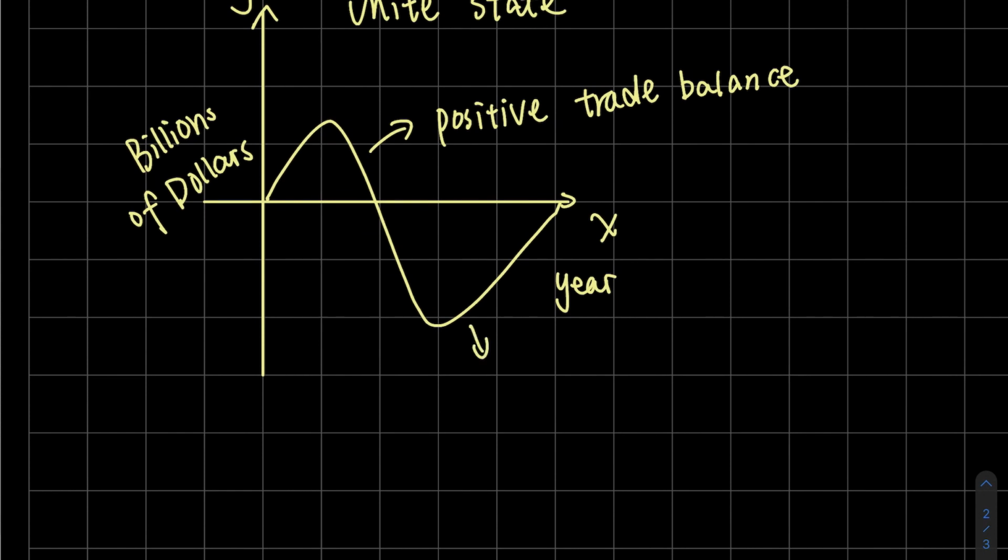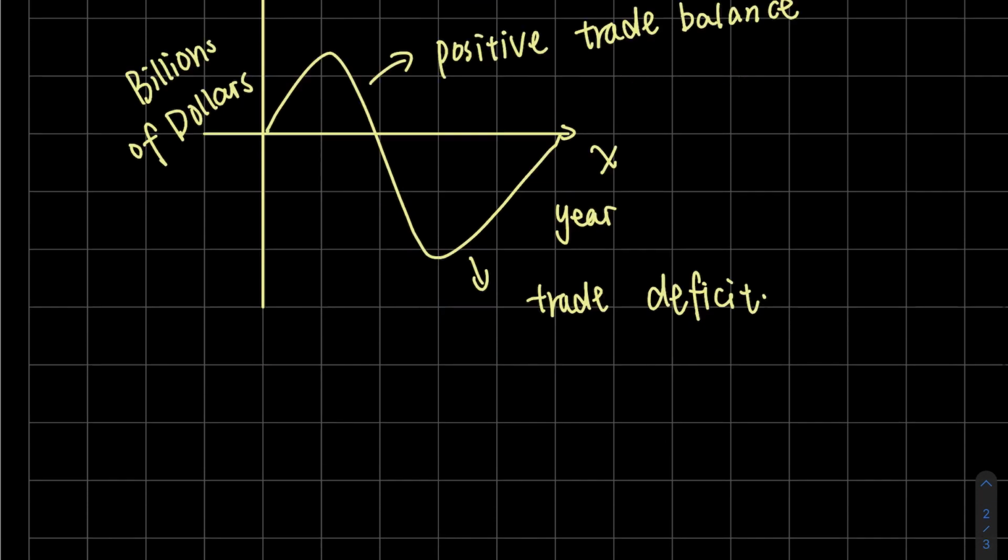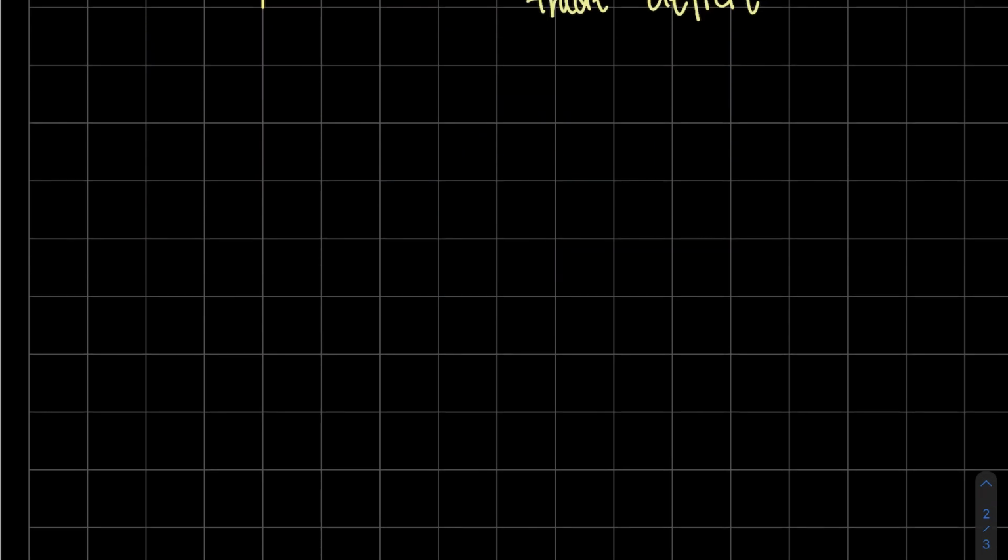Respectively, if the line is below $0, the United States is running a trade deficit, and a deficit in the current account balance. Okay.